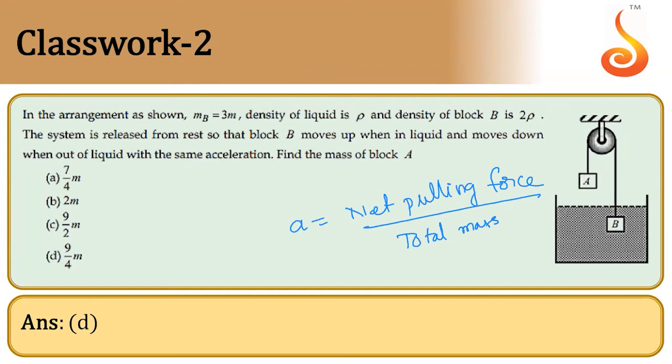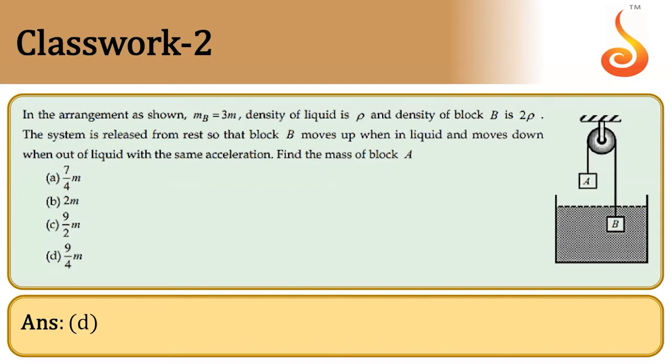How to calculate net pulling force? Copy that formula: net pulling force by total mass. Now when block B is inside the liquid, you have to take the apparent weight in the net pulling force.